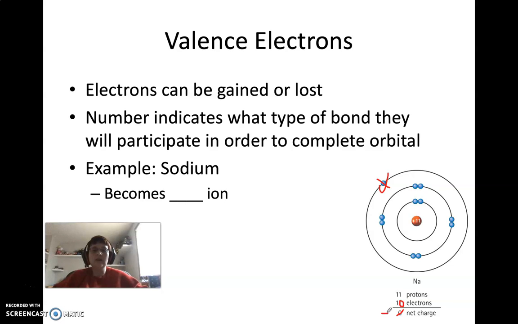That gives us a net charge of +1, so we get a positive ion, because it's going to lose that electron.